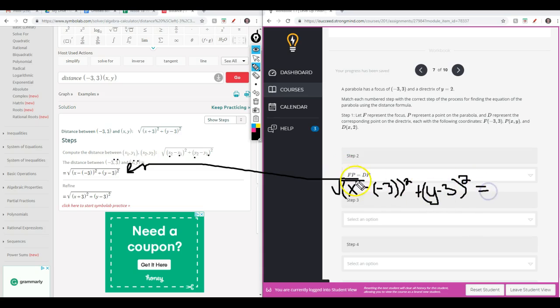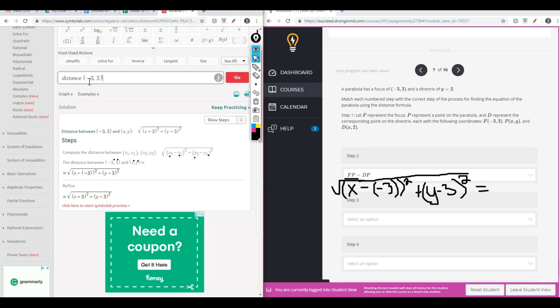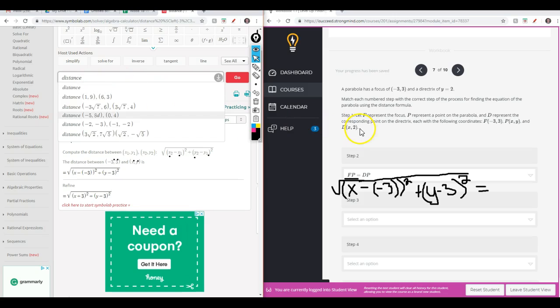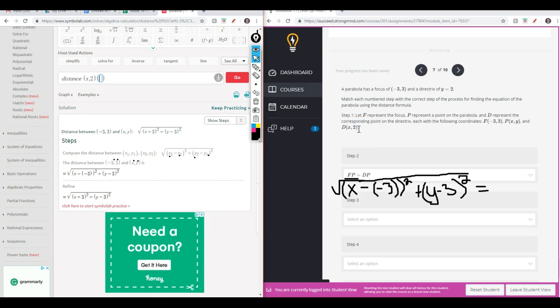That's going to equal the distance for D to P. We're going to do the same thing for D to P using this calculator. D, again, was located at (x, 2), and our P again was (x, y).